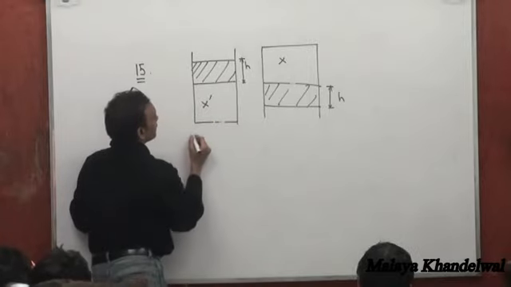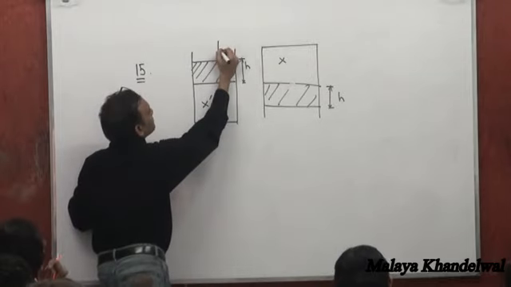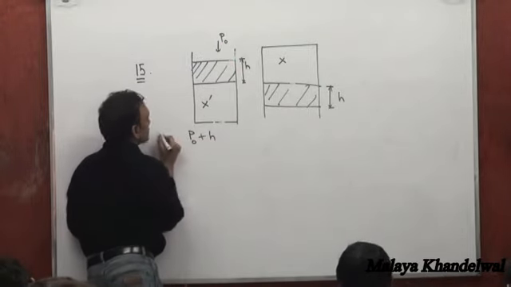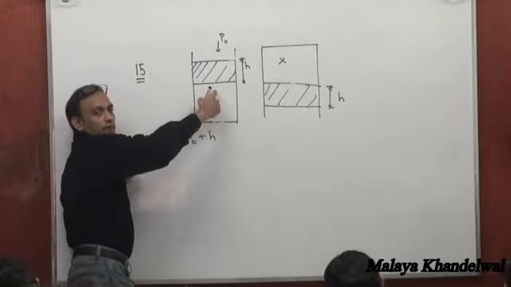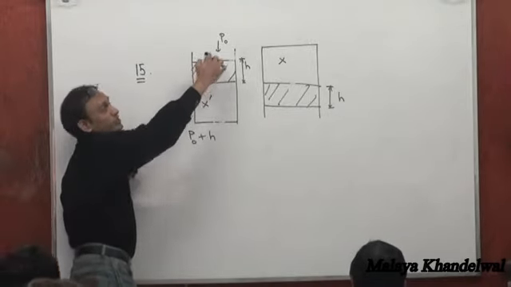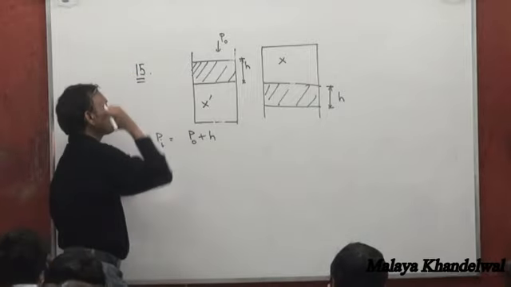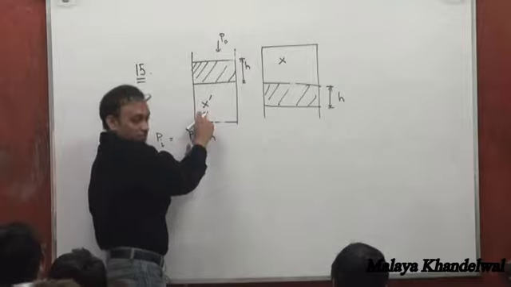So we have P naught, which is atmospheric pressure, plus h millimeters of mercury, which must balance the initial air pressure. Right? So that's drawing the free body diagram of this mercury. So the initial pressure is P naught plus h. The initial volume of air is x prime.